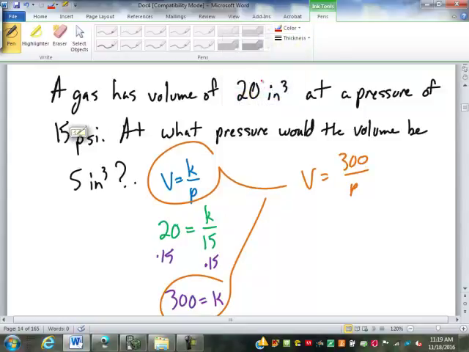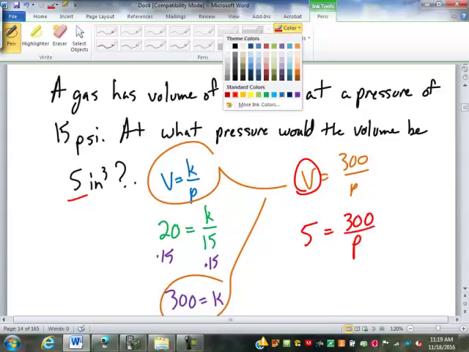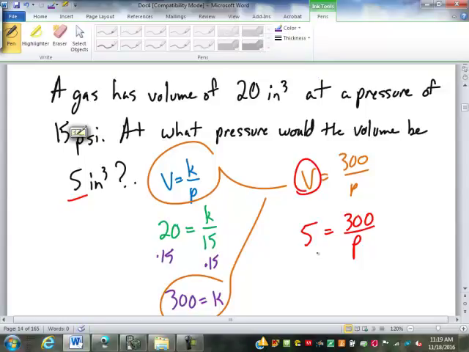But now we're asked find the pressure that gives us a volume of 5. So 5 has to go in for V equals 300 over P. To solve that for P, we're just solving an equation. But when we're solving an equation where the variable that we're solving for is on bottom, the easiest way to do that is to turn it into a proportion, like this.